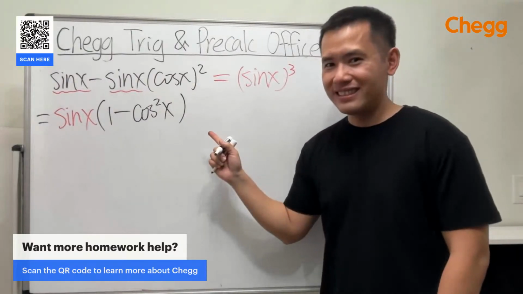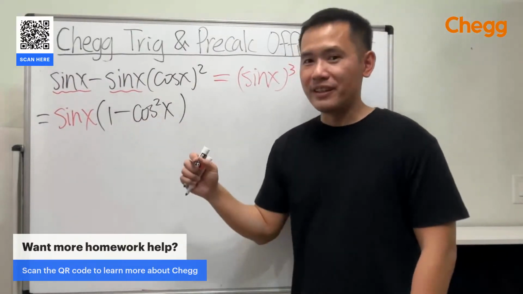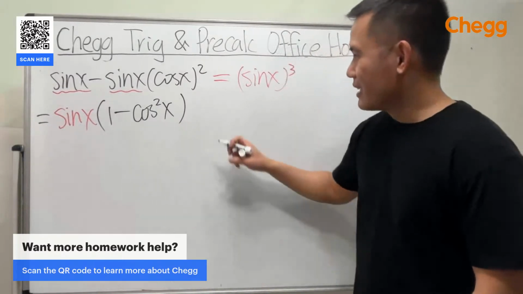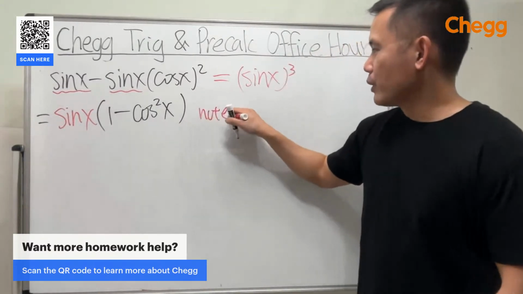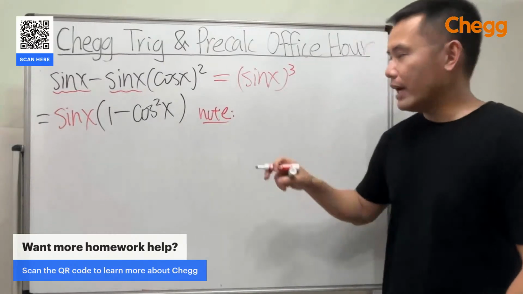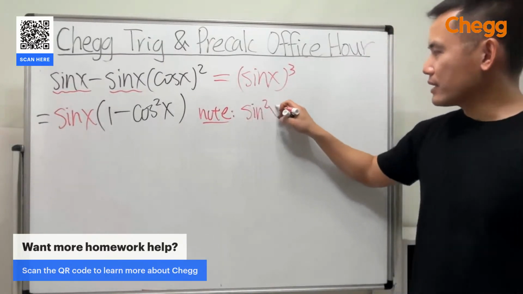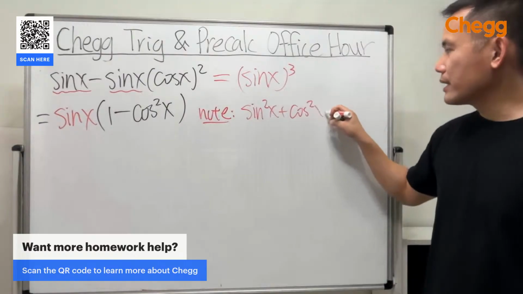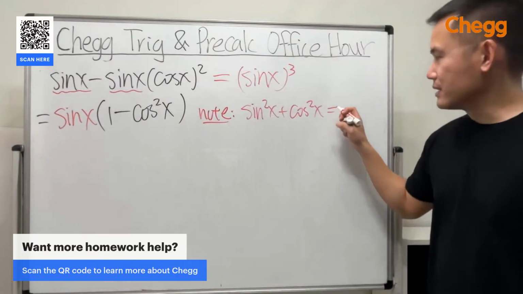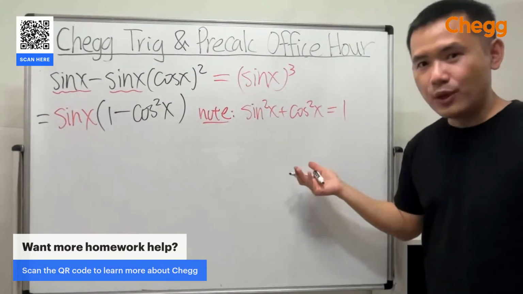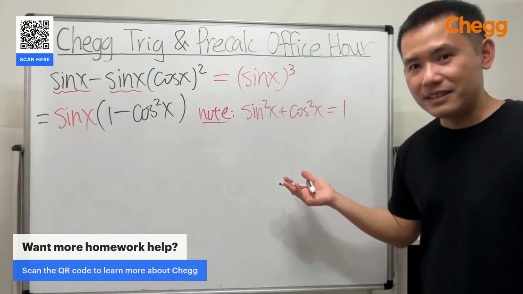What can we do next? Does this look familiar? It should, because I'll just put a real quick note right here. If we have sine squared x plus cosine squared x, this will give us 1. This is known as the Pythagorean identity.